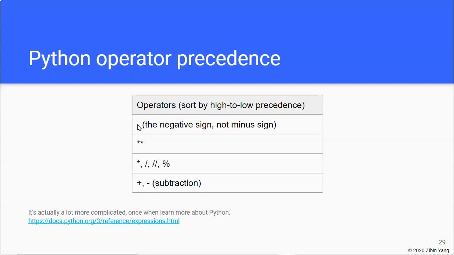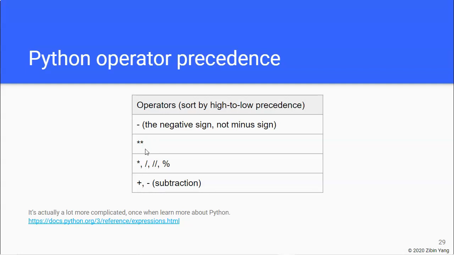Below that, the next highest precedence is raised to the power, the double asterisk. Below that are multiplication, division, and the modulo operator. And below that are addition and subtraction, where the hyphen means subtraction.